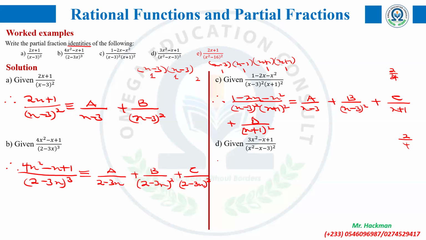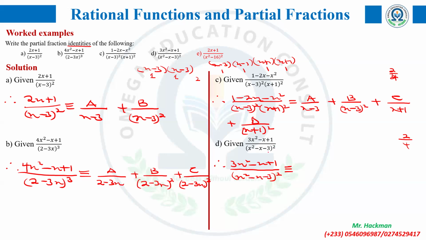So you come and write therefore your 3x squared minus x plus 1 all over your x squared minus x minus 3, the whole of that squared. Now this will be identical to... Your non-factorable quadratic expression, what is its exponent? 2. Is that not it?